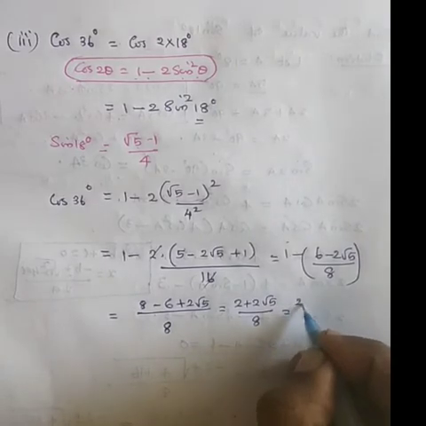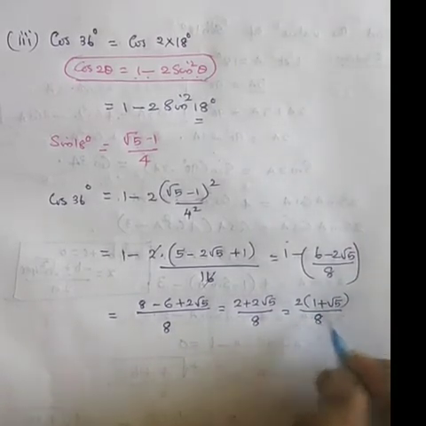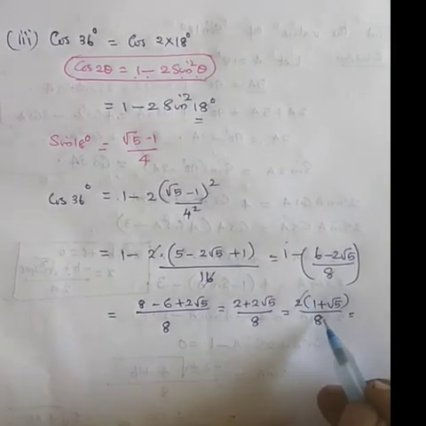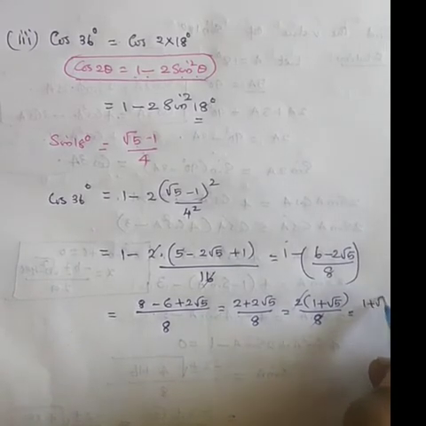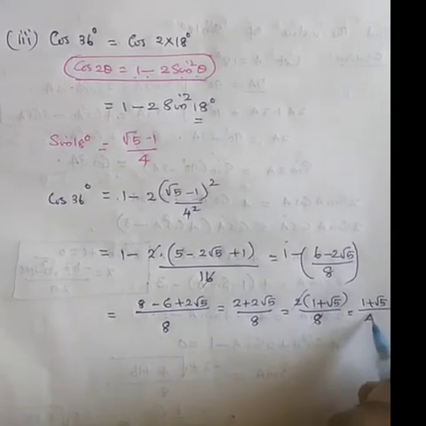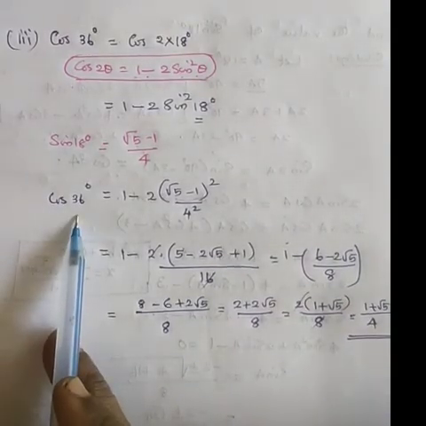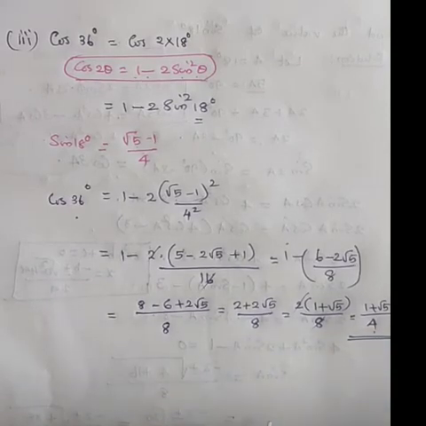Taking 2 as a common factor, 1 plus root 5 by 8. Okay. So 2 and 8 cancel and the remaining is 1 plus root 5 by 4. So the value of cos 36 is equal to 1 plus root 5 by 4.